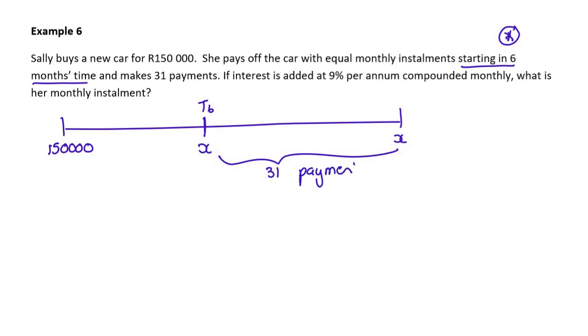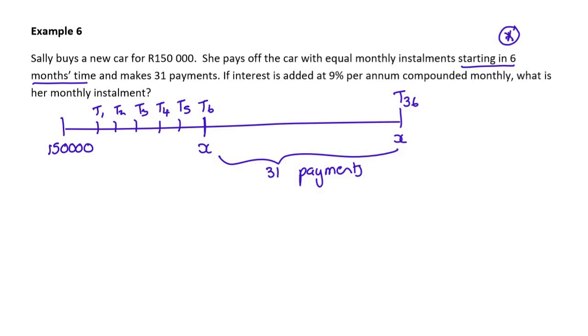Which actually means at the end of time period 36, she will make her last payments. Now it's not 31 plus 6 is 37 because she paid in the 6th month. So her first payment was in the 6th month. Now that doesn't really matter because they've told us there's 31 payments. So what happens in month 1? Nothing. Month 2, 3, 4, and 5.